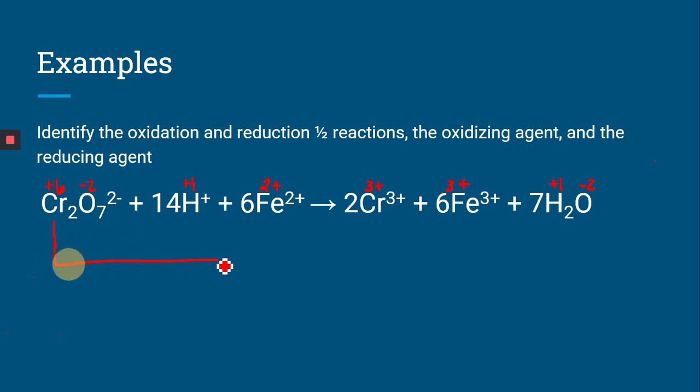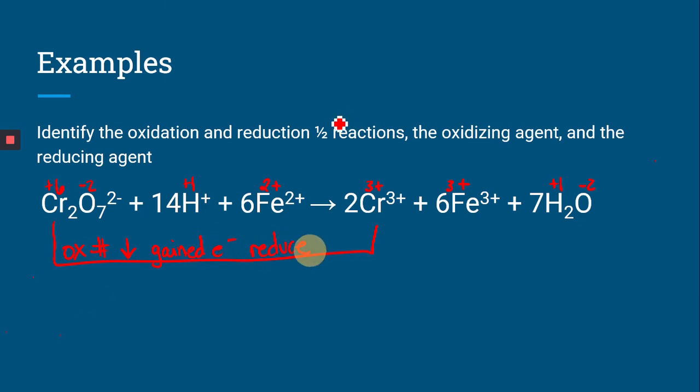So the oxidation number goes from a +6 down to a +3, so it's being decreased. So the oxidation number is going down, which means we gained electrons. So this is reduced.